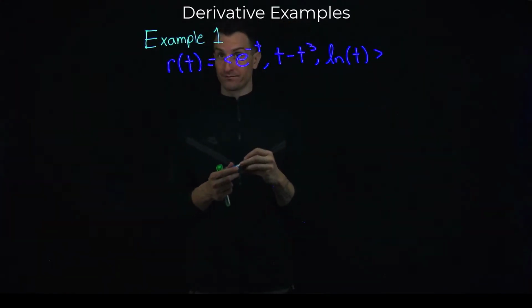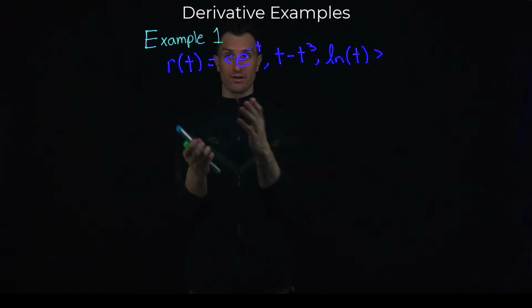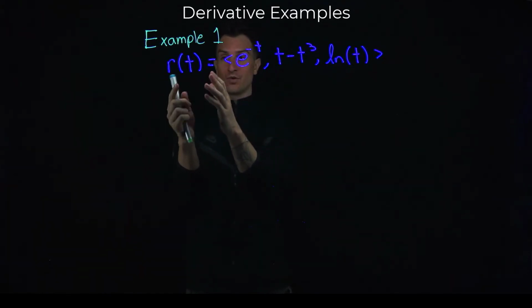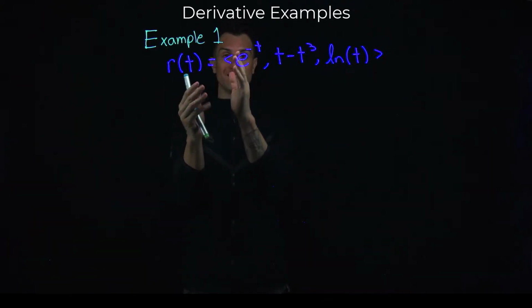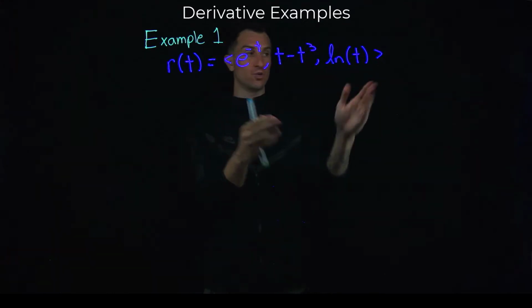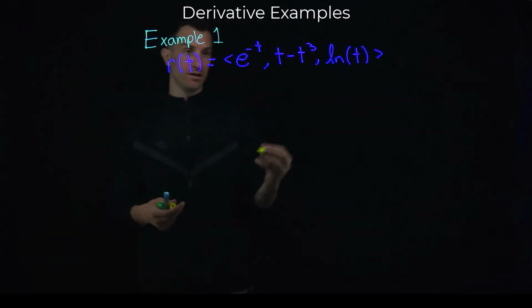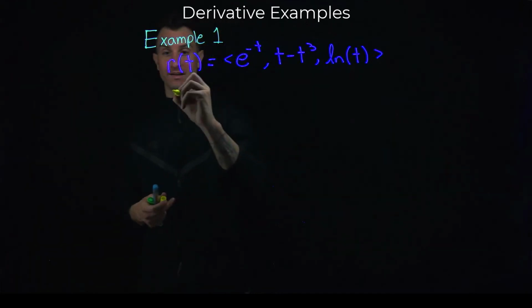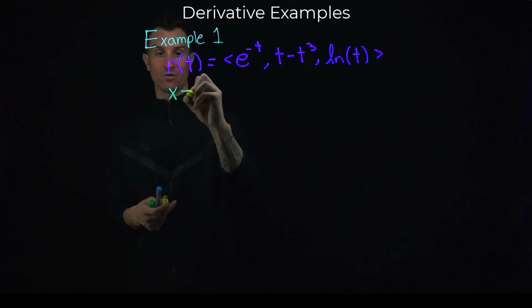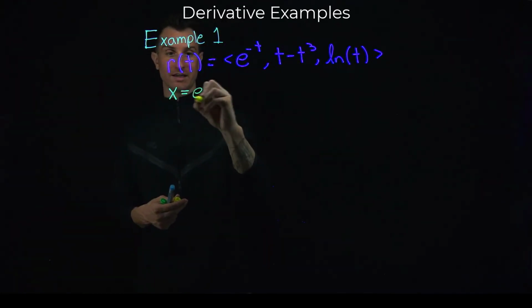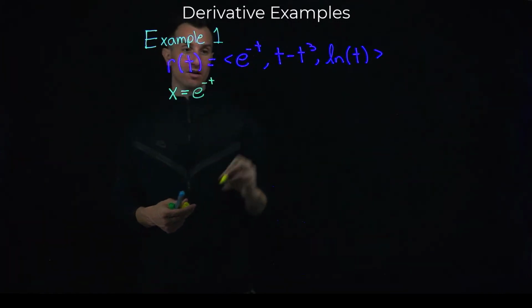Okay? So as far as examples go and as far as derivatives, again, if we want to find the derivative of r of t, we just need to find the derivative of each individual component function. So we will just go down the line here, and let's say, well, what do we have? X, right? So x is equal to e to the negative t.